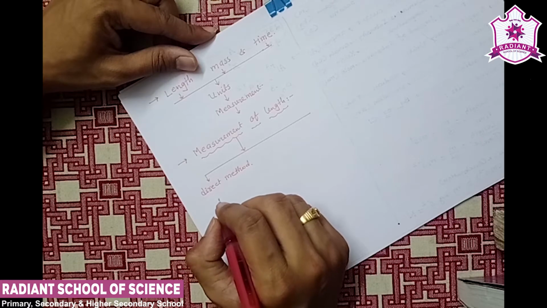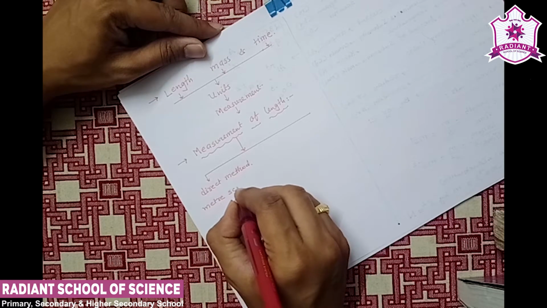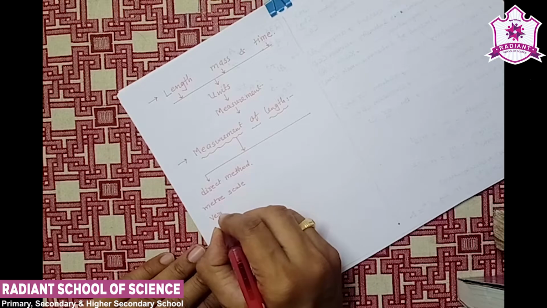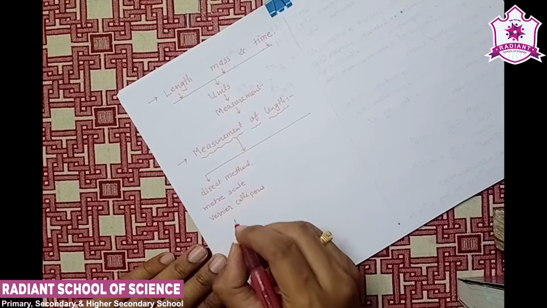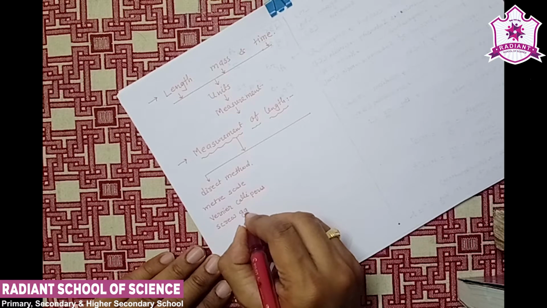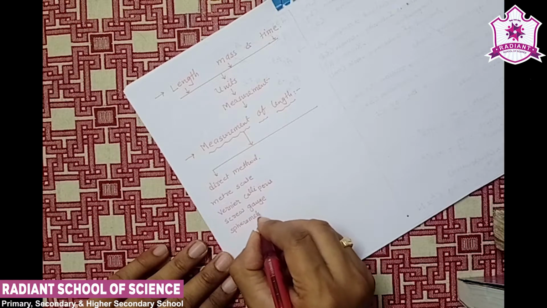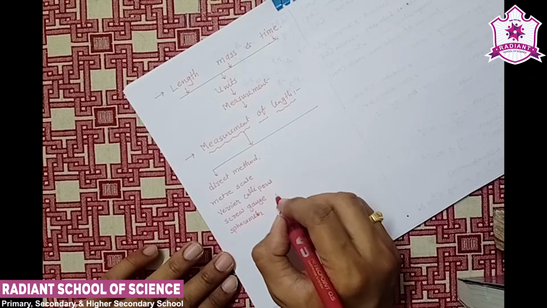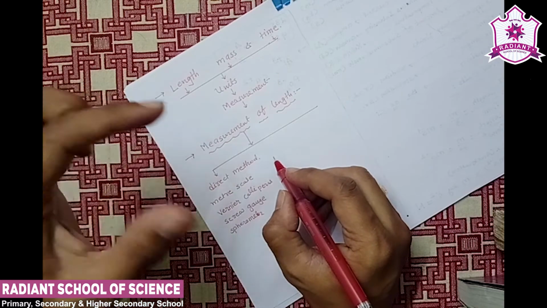That is, we can directly use a scale, a meter scale, or we have vernier calipers, or we may have a screw gauge, or a spherometer, etc. With the help of these instruments, we can measure length in a direct manner, that is, we can directly go and measure.